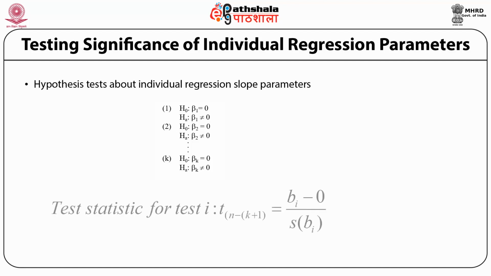Using the t-test, as already discussed in simple regression analysis, we can ensure whether the value of beta 1, beta 2 or beta 3 is significantly different from 0 or not. If it is significantly different from 0, it means there is a significant relationship between the dependent variable and that independent variable, and it must be retained in the proposed model.